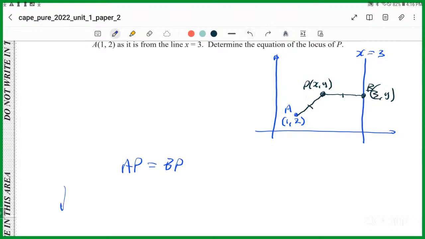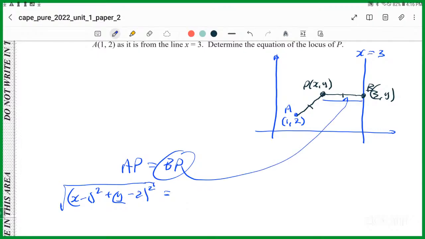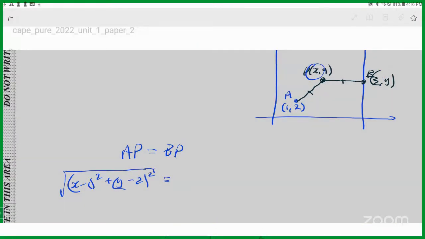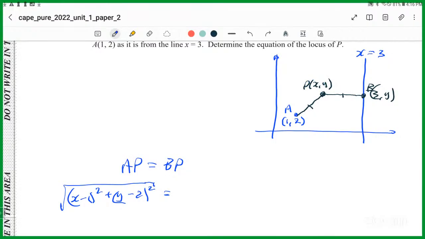Square root of x minus 1 squared plus y minus 2 squared. That's all equal to this distance, which is just this length across here, which becomes this x value minus this x value, x minus 3. That's what we're solving.